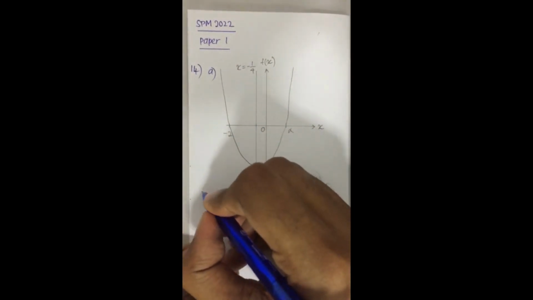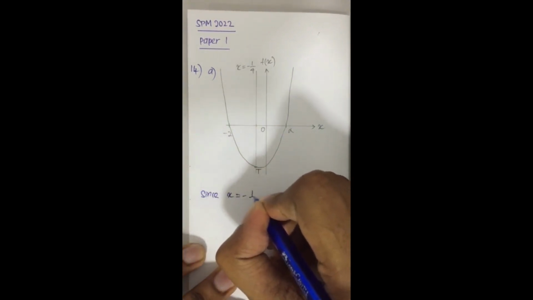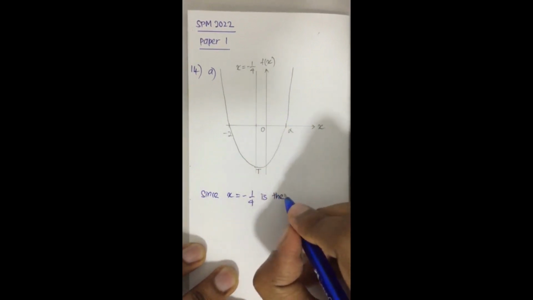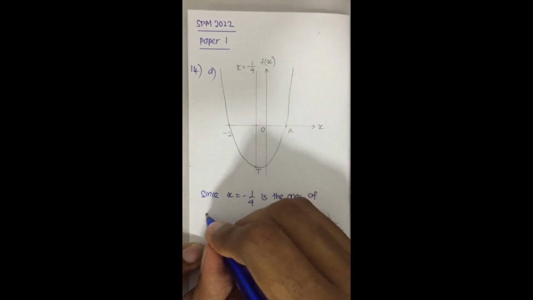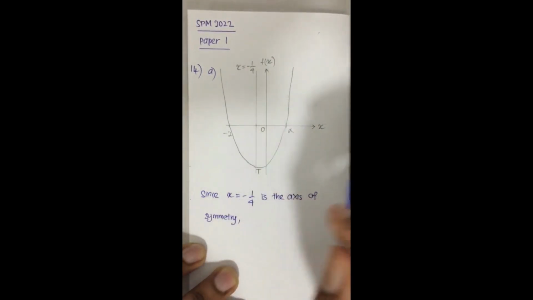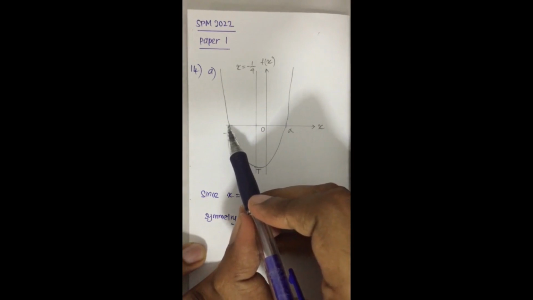Since x = −1/4 is the axis of symmetry, the first step is to find the distance from the axis of symmetry to negative 2.